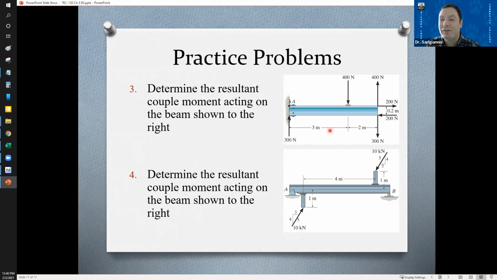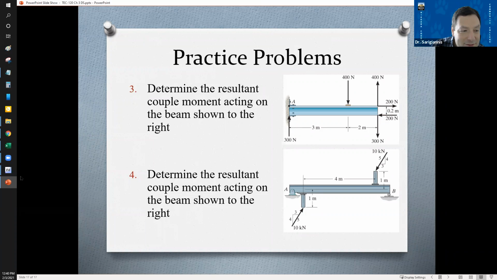I've got one force couple here, 300 Newtons acting up and 300 Newtons acting down. They're parallel to one another, so they have a perpendicular distance between them. Same thing with the 400 Newtons here and the 400 Newtons there, pointing down and up, parallel to one another, perpendicular distance of 2 meters. And then I've got this 200 Newton force couple, also a perpendicular distance of 0.2 meters apart. So we're going to go through that real quick.